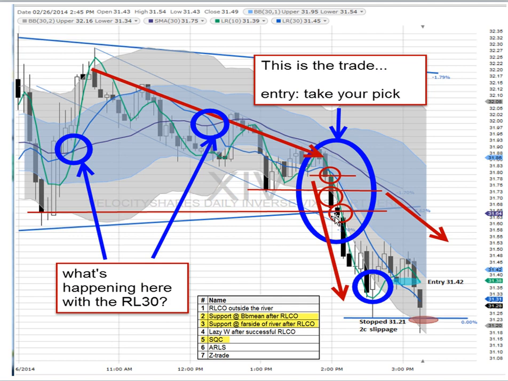Could also support a pattern 2 or pattern 3 entry to the downside. And so what we really want to see here is that this combination of information signals that we get is really showing us the way down, and that the trade is somewhere in here, and you can take your pick on which entry you want, but that's the move that we want to capture.